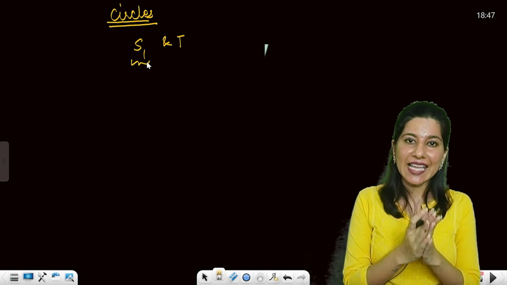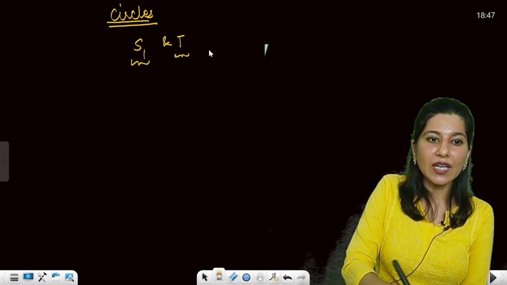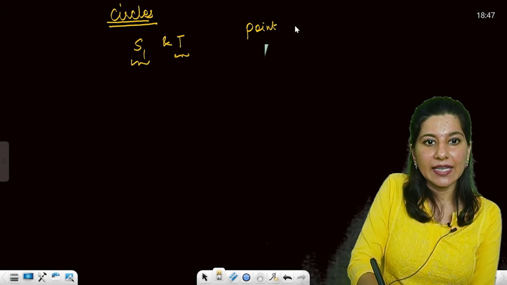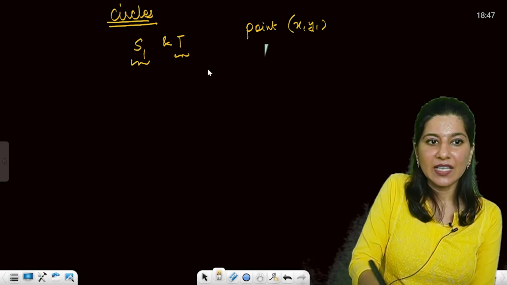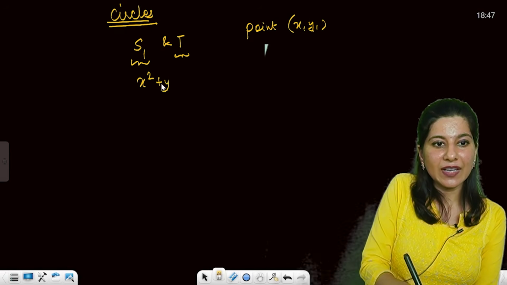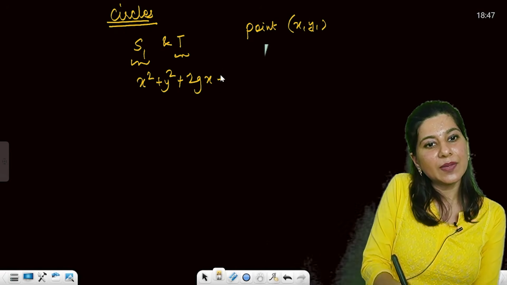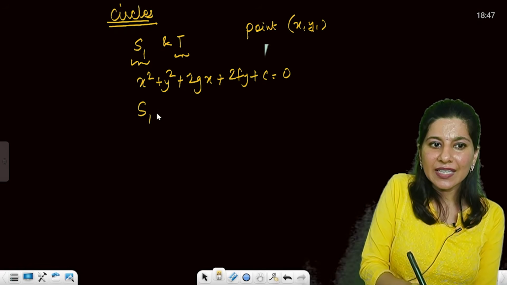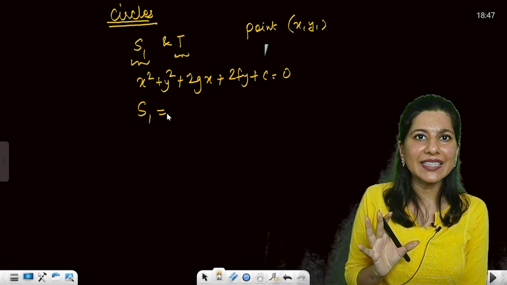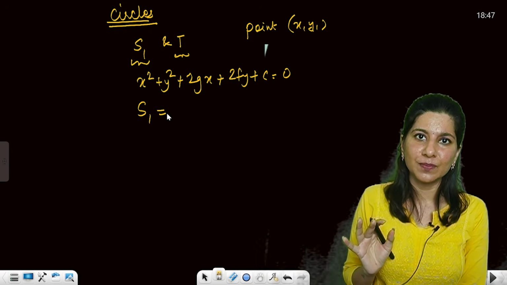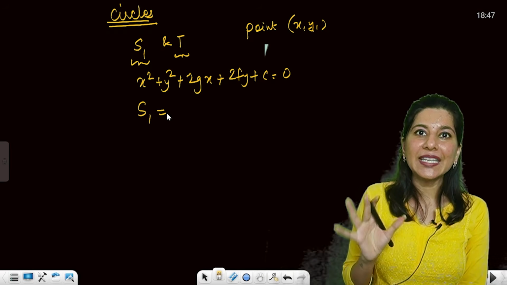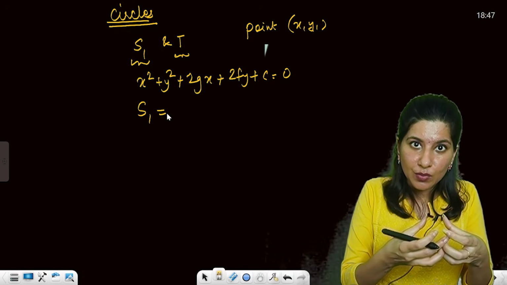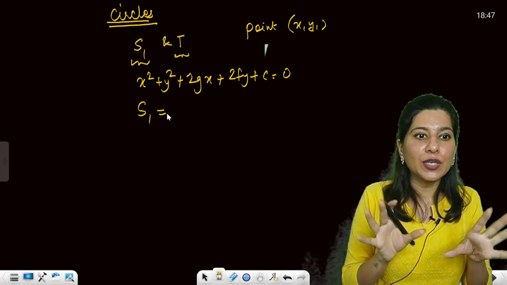But this S1 and T both are associated with a point x1 comma y1. Suppose you have a circle x square plus y square plus 2gx plus 2fy plus c equals to 0. So S1 is nothing but just put that point in that circle and tell me the value. S1 is the value which you get after putting that point in the circle.